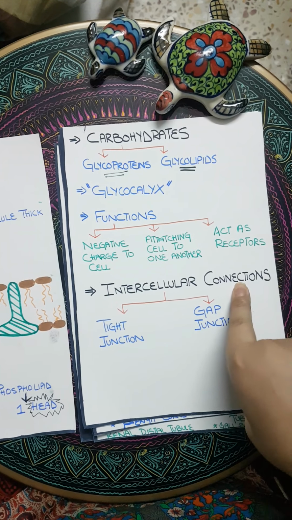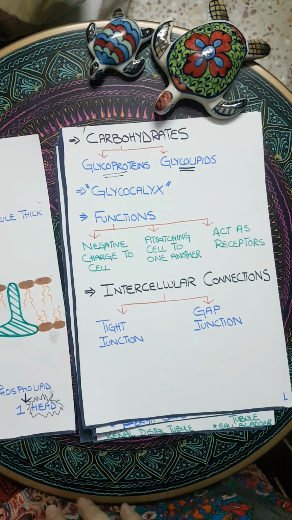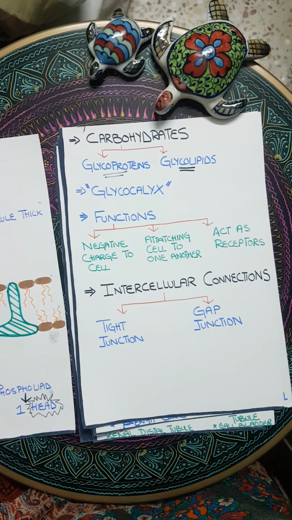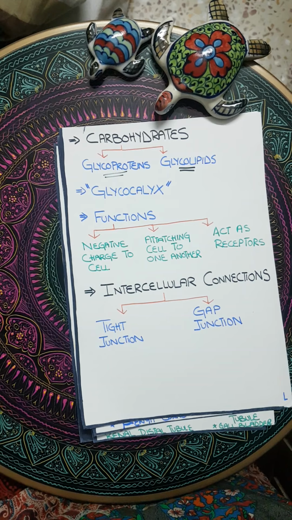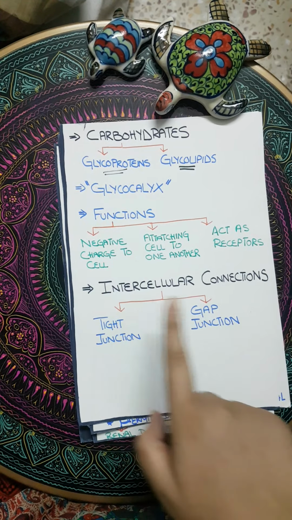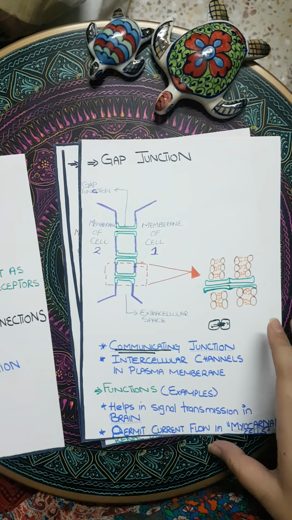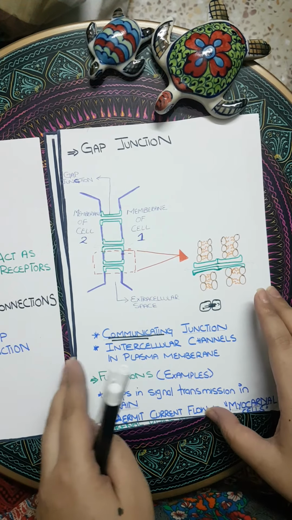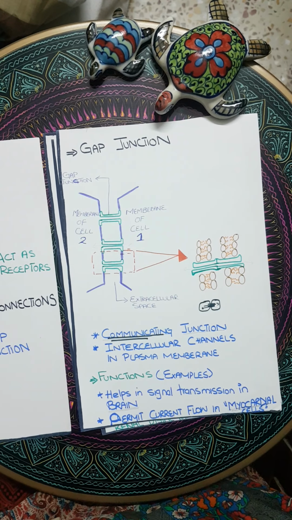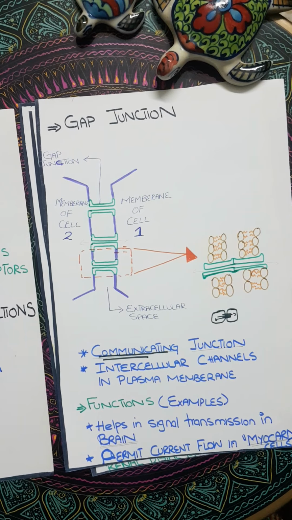And the last topic is intercellular connections. This is a topic of anatomy, so I'll just be giving a brief introduction of what these connections are. We have two main types, the tight junctions and the gap junctions. Gap junction is also called a communicating junction.